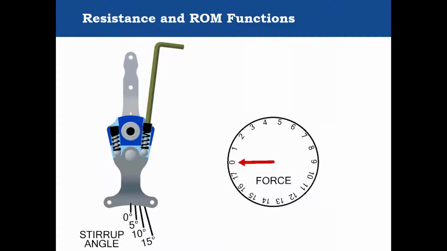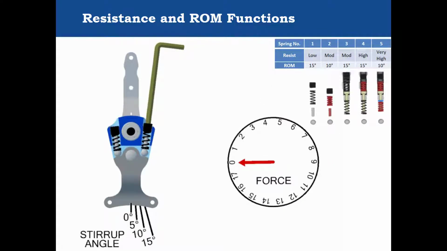The following animation will illustrate the effects of the range of motion adjustment for 2 spring options: standard resist spring number 1 and booster spring number 3. Booster spring number 3 exerts twice the force of spring number 1. Please note that the units of force used in this illustration are arbitrary.